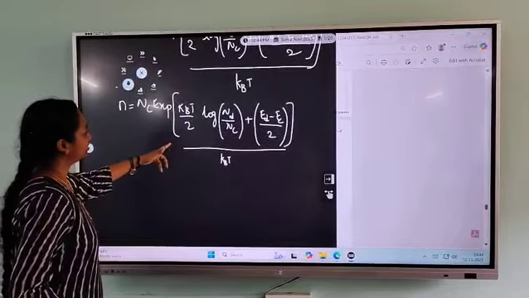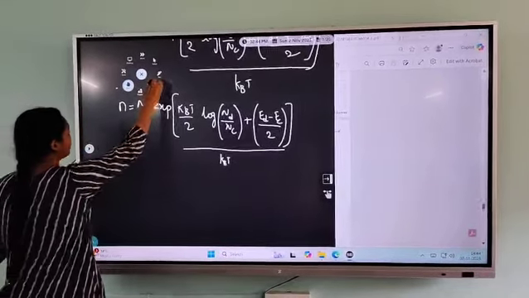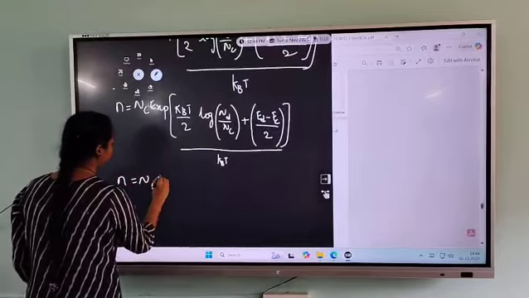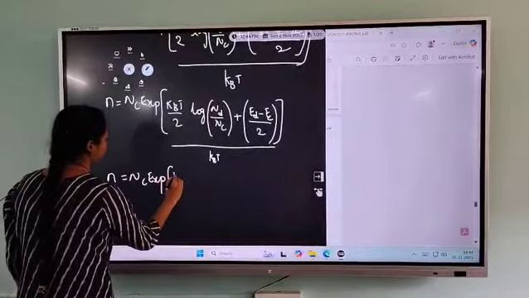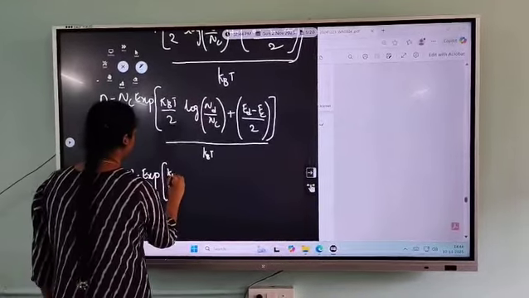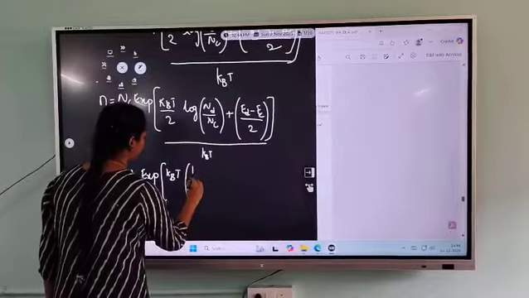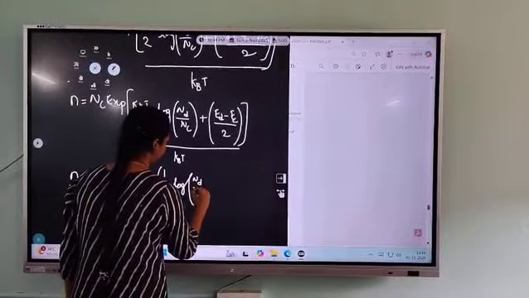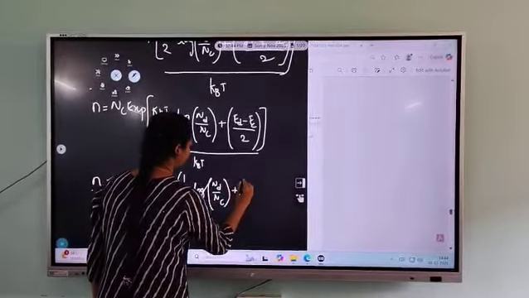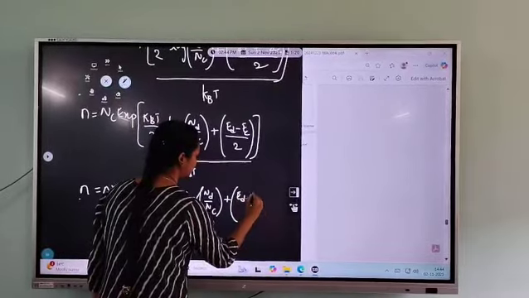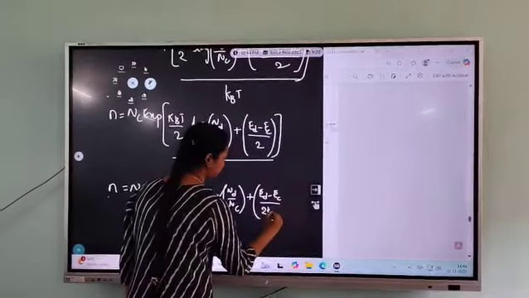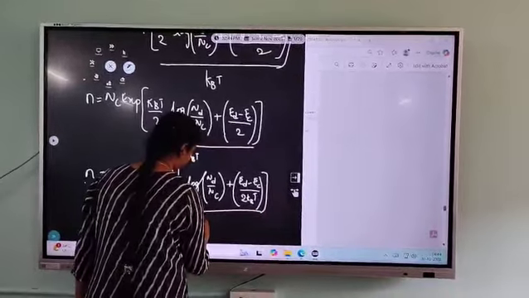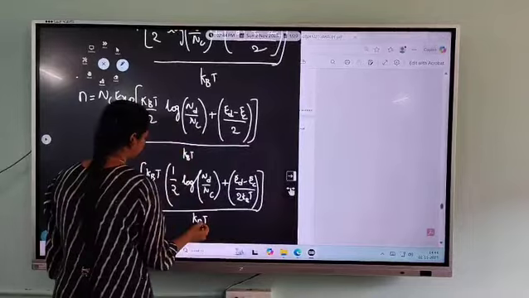Now we take kBT as common. n is equal to Nc into exponential of kBT whole, 1 by 2 log of Nd by Nc plus Ed minus Ec by 2kBT, whole by kBT. Then kBT gets cancelled.